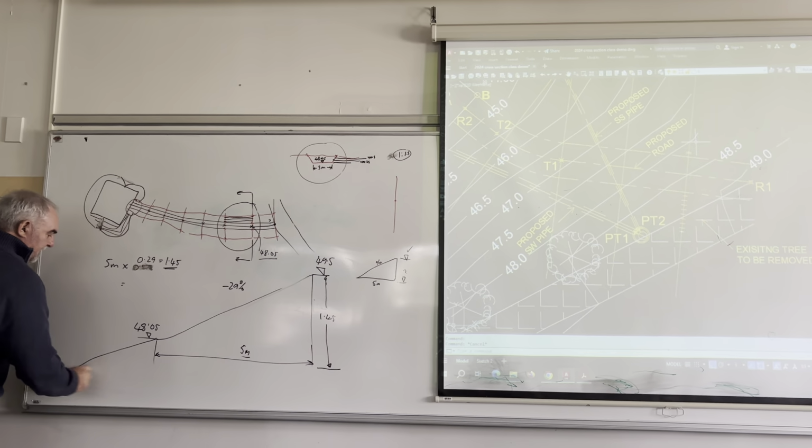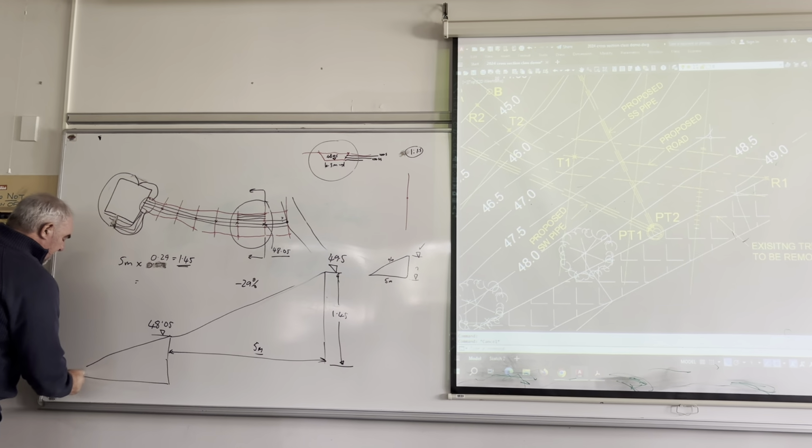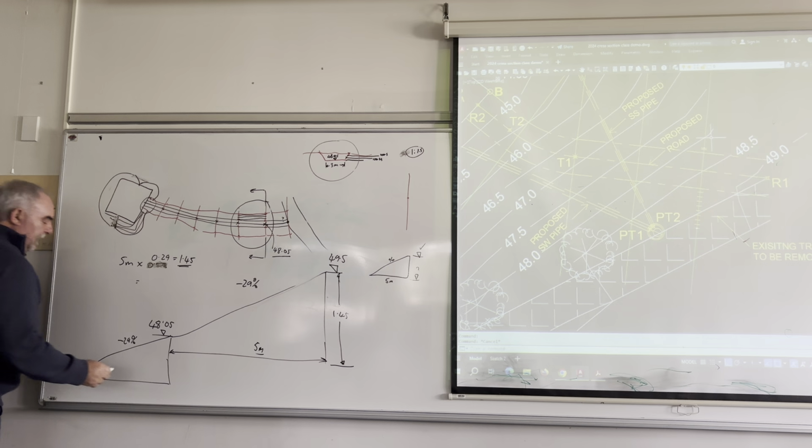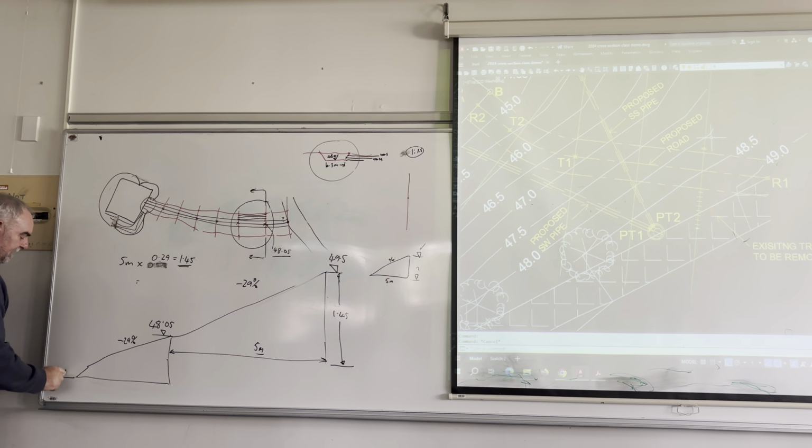And we're coming down another minus 29%. And we get a new level down here by doing the equation, which is 5 meters times 0.29.